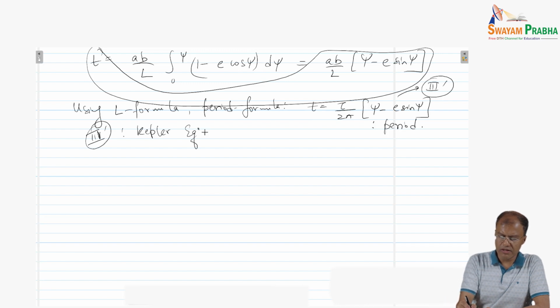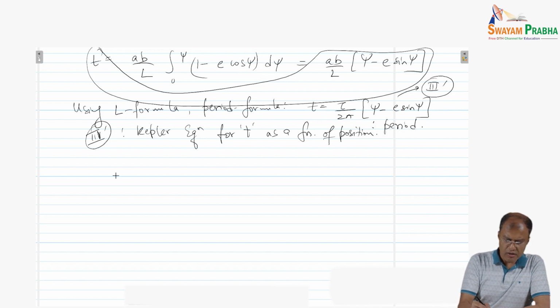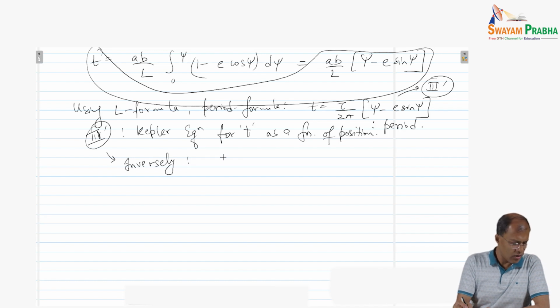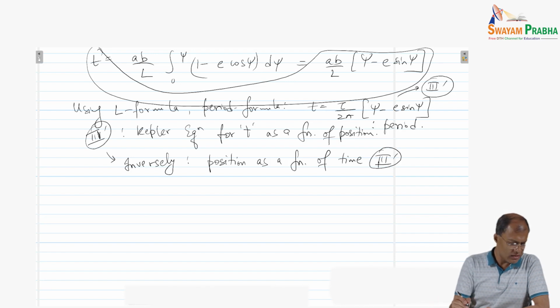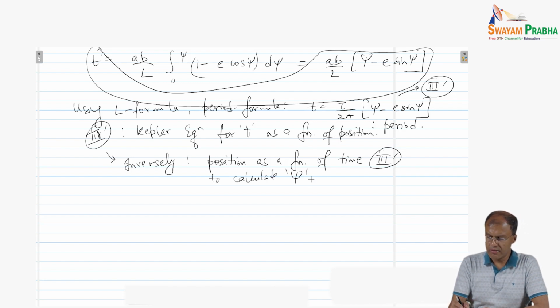This is my Kepler's equation for time as a function of position, or inversely I can talk about position as a function of time. Okay, position as a function of time, to calculate psi, and that is how we invert to find psi.